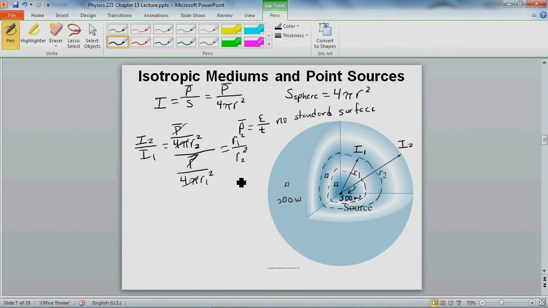Now, this makes sense based on this configuration, R1 less than R2, and we would anticipate that the intensity further away would be less than the intensity close in, and R1 squared divided by R2 squared is always going to be less than 1.